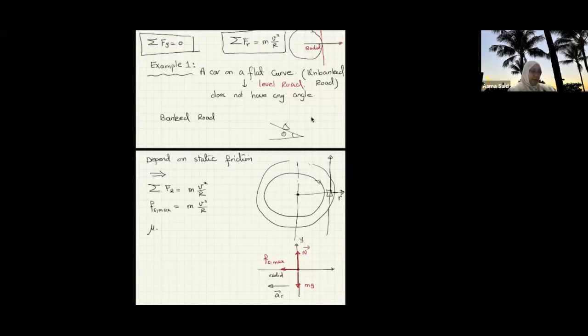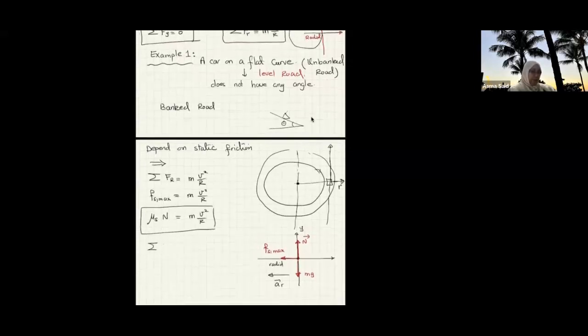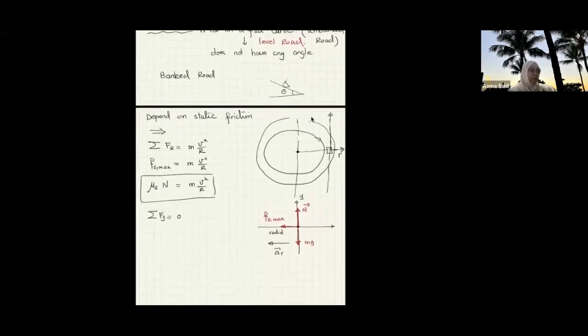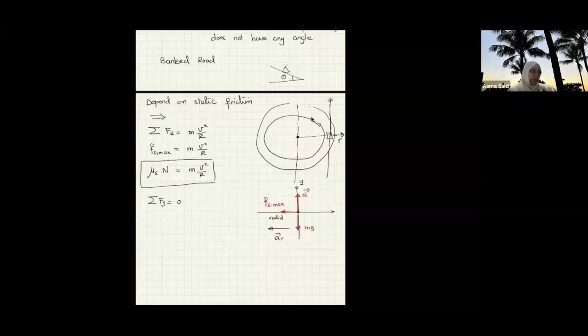Fs max is mu s times the normal. I can apply the second one, which is sigma Fy, to find the normal, because remember, whenever I'm talking about friction, I should have something related to normal. Then I will say sigma Fy is going to be normal minus mg should equal 0.